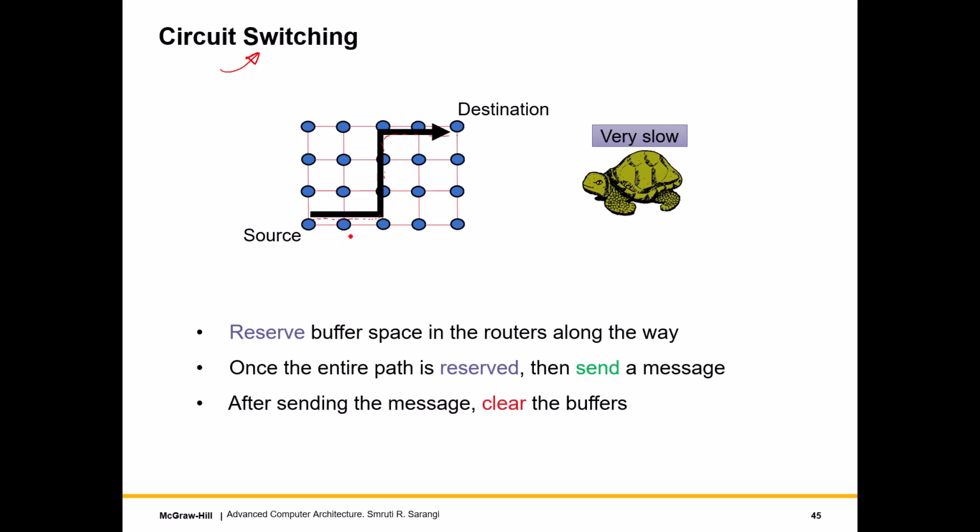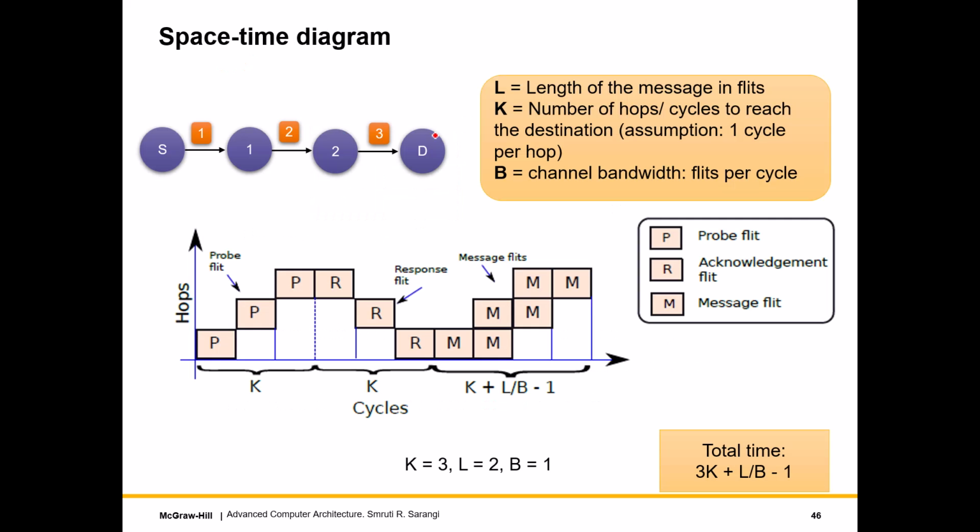But of course, let's say that each router has 3 buffers each, and the message itself is, let's say, 9 flits. So then it will pipeline and move like a worm. But the fact is that buffers are reserved along all the nodes on the path. And once the message is sent, we clear the buffers.